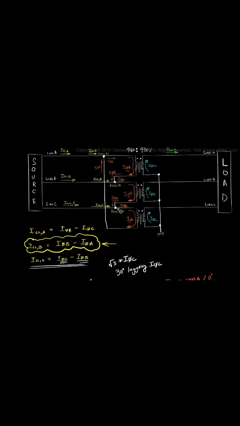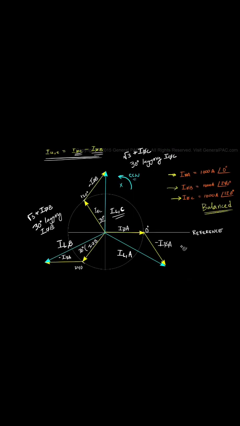If we compare line current C with phase current C, which is going into winding C of our delta connected transformer, we'll see that the line current is square root 3 times larger than this particular phase current. So our line current also has a 30 degree phase shift for this delta connection compared to phase current C.